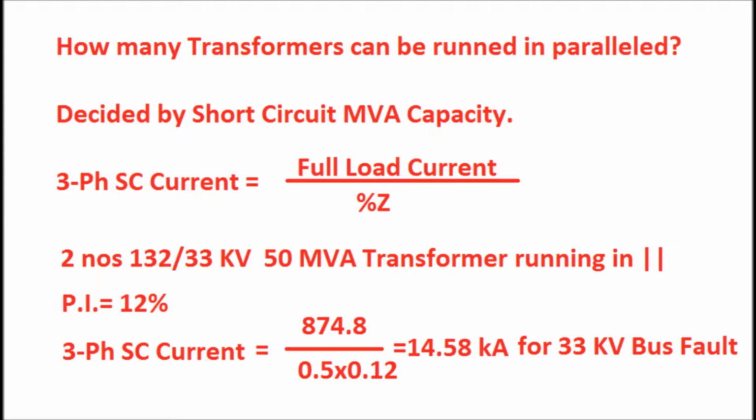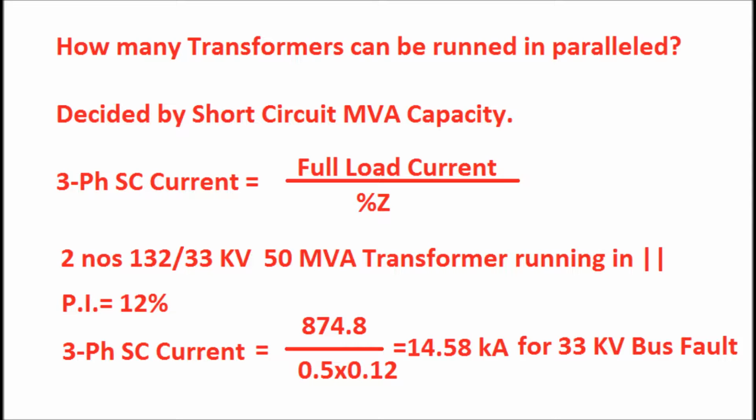Now for example, two 132 by 33 kV, 50 MVA transformers are running in parallel and their percentage impedance is the same, that is 12%. So the three-phase short circuit current in the 33 kV bus in case of a bus fault will be equal to the full load current on the 33 kV side, which is 874.8 ampere, divided by the percentage impedance.